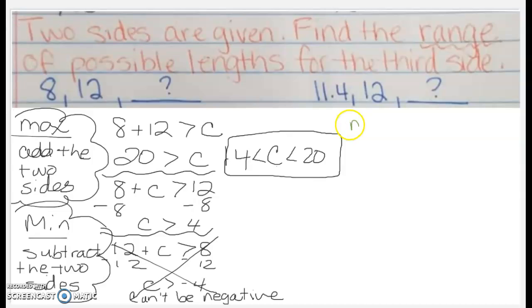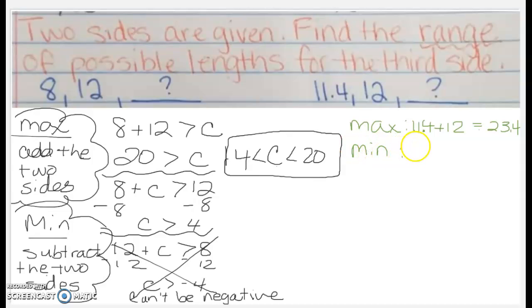Well, remember, my maximum means I'm going to add them together. So 4 plus 12. Oh, I'm sorry, that's 11.4, not 4. Okay, so that's 11.4 plus 12. That gives me 23.4. That's my maximum.